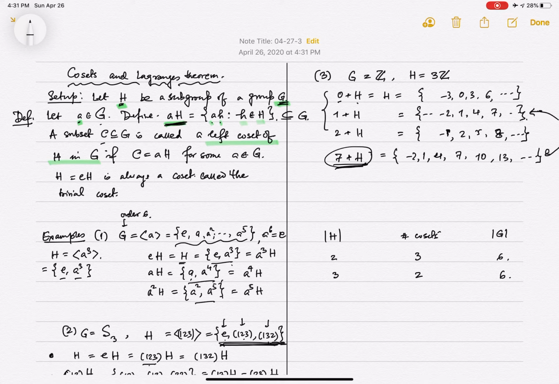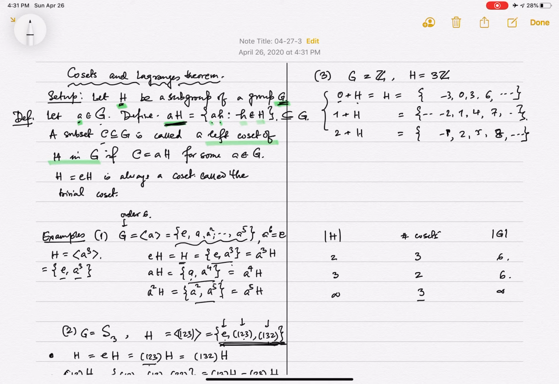See, this set and this set are the same set. So I don't need to list that as a separate coset anymore. It's already there. And again, in this case, the group and the subgroup both are infinite, so I cannot really count. There are 3 cosets though.